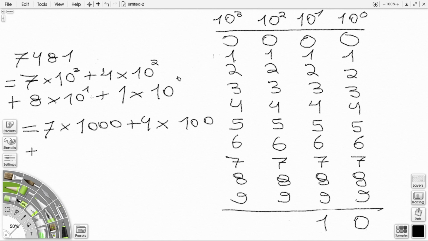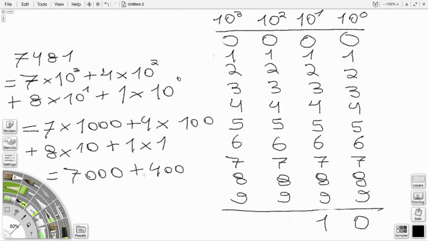8 times, what is 10 to the power of 1? It's 10. Right, so 8 times 10 plus 1 times, well, 1 times 1. Do you agree? 1 times 1. The result is going to be 7,000 plus 400 plus 80 plus 1.